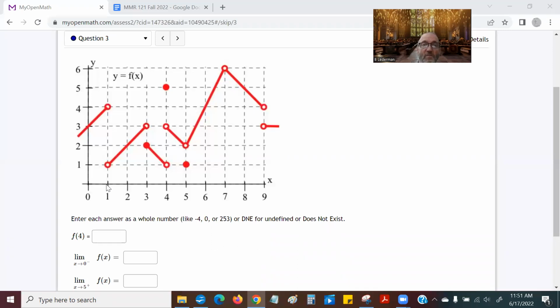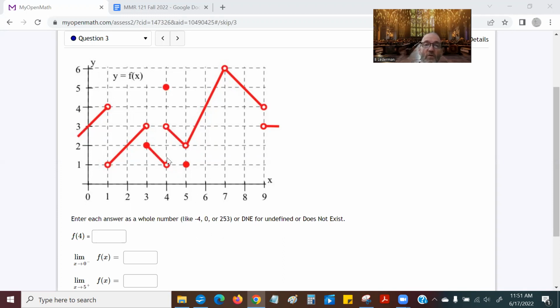That happens sometimes. On the other hand, when x approaches 4 from the negative side, y approaches 1 right there. When x approaches 4 from the positive side, y approaches 3 right there. But the value of y when x equals 4 is 5.